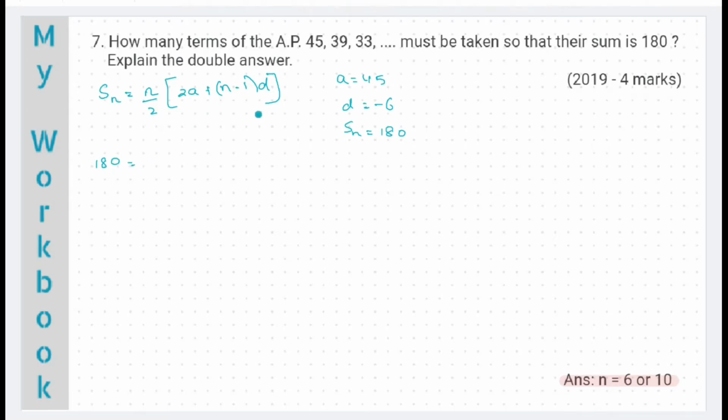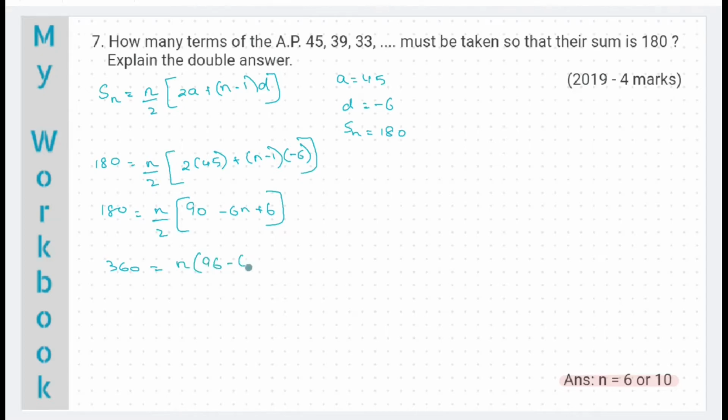Let's substitute the values in this equation. Let's divide this entire equation by 6. Now we have a quadratic equation in terms of n.